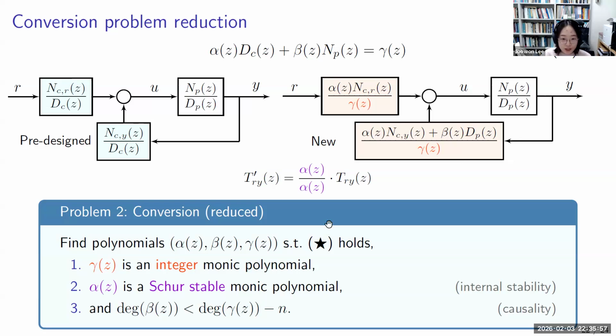And for internal stability, alpha should be a Schur stable polynomial. And also there is a degree constraint for the causality of this new controller. This looks similar to the previous problem of integer stabilization.